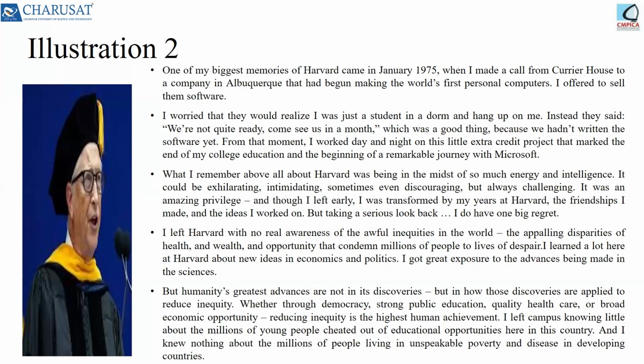What I remember above all about Harvard was being in the midst of so much energy and intelligence. It could be exhilarating, intimidating, sometimes even discouraging, but always challenging. It was an amazing privilege, and I thought I left early. I was transformed by my years at Harvard, the friendships I made, and the ideas I worked on.